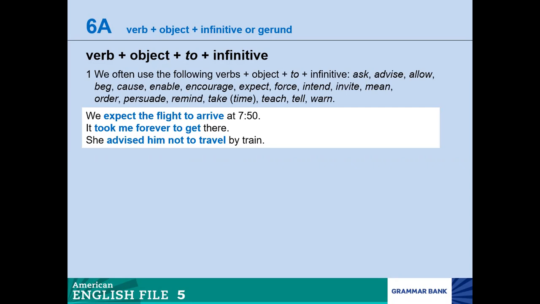Examples: ask, advise, allow, beg, cause, enable, encourage, expect, force, intend, invite, mean, order, persuade, remind, take. We're talking about take time. Teach, tell, and warn. Please reread them and see if there is any word that you don't know so you can look it up in the dictionary.